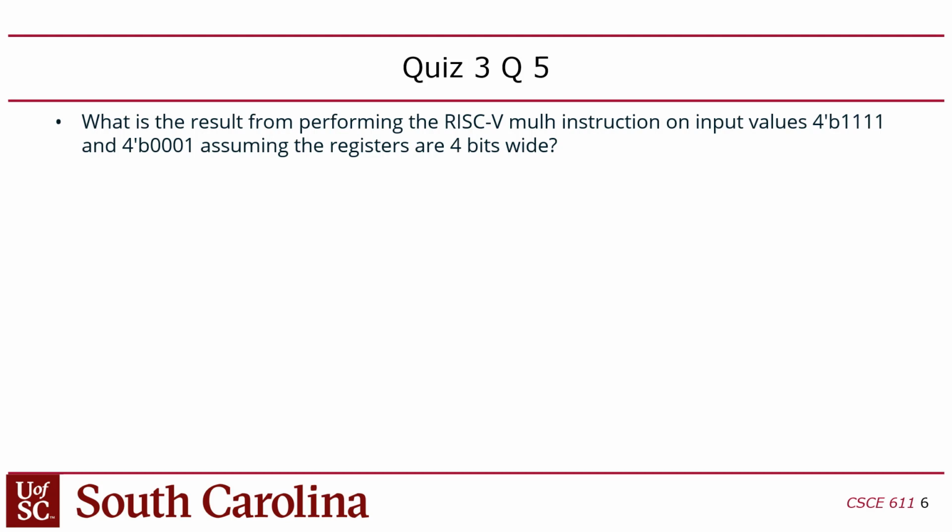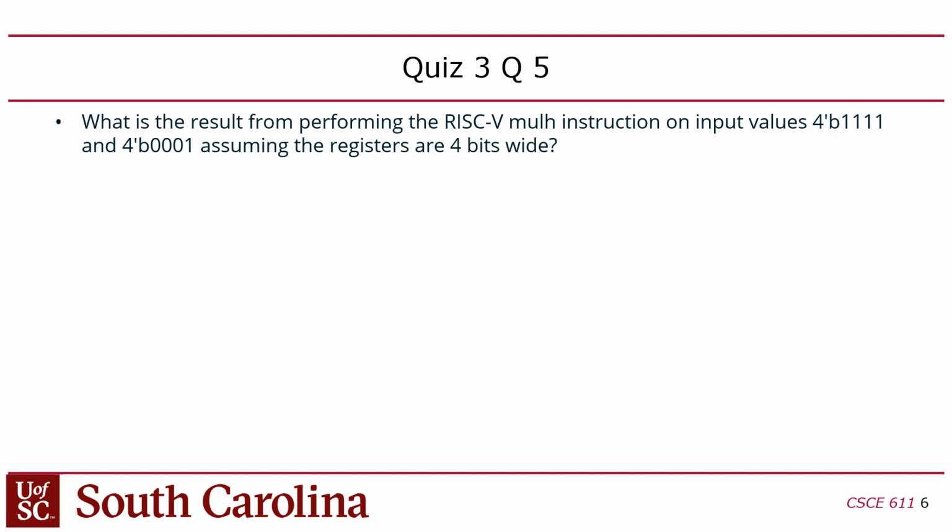Yeah. Right. So if you multiply like -1 times 1, right, you're going to get -1, in which case it's going to be 111, 1111. But if you multiply, instead of -1, if you look at it as unsigned, it's going to be 15 times 1 is 15. Now you're going to have this is your high and this is your low, right?